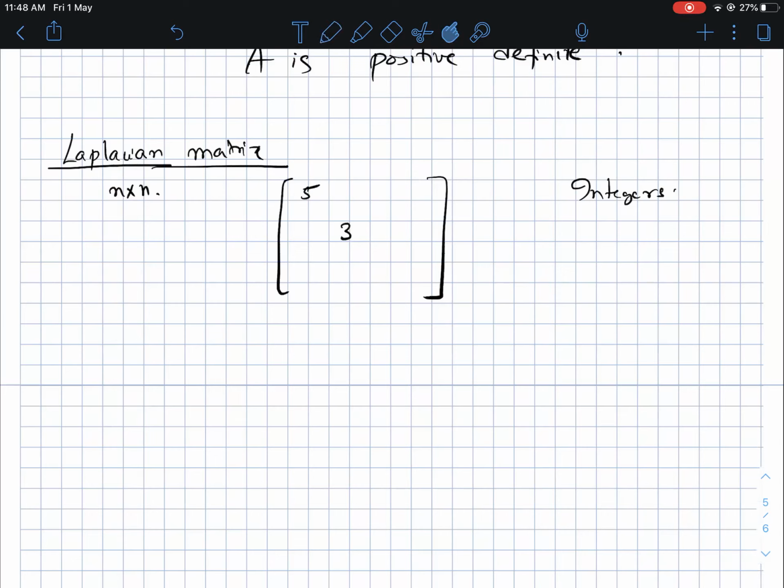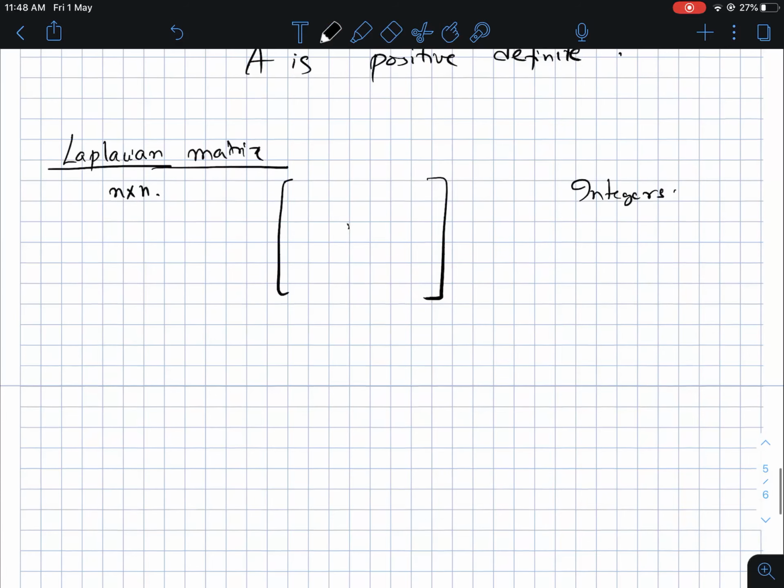Let me just draw for the sake of simplicity: this diagonal entry being 2, this diagonal entry is 1, maybe this one is also 1. They're going to be integers. Diagonal entries are non-negative, can be 0 also. Off diagonal entries are 0 or minus 1.